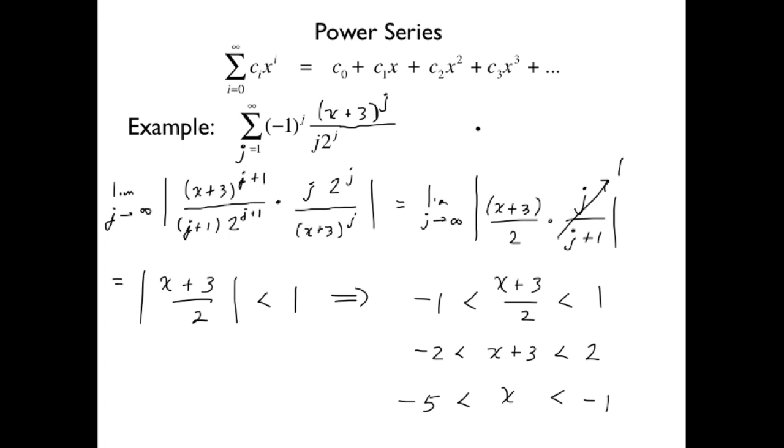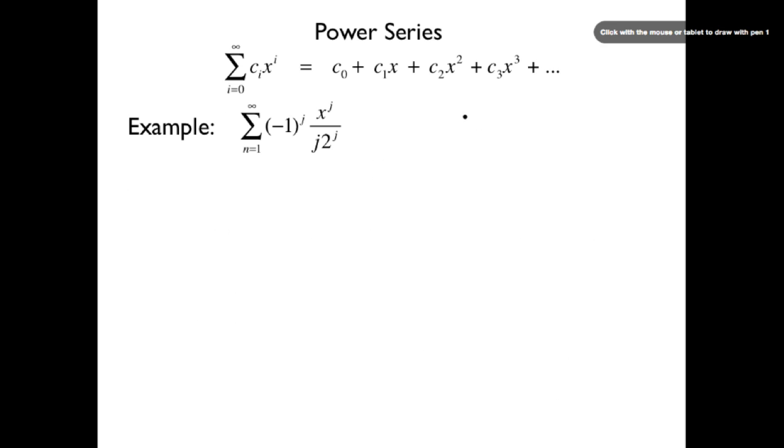Okay, so what do we have to do now? We have to check the endpoints, because negative 5 and negative 1 will actually make that thing equal to 1, and that's the inconclusive case. All right, so we'll erase this. So far we got negative 5 to negative 1, right? And so when x equals negative 5, then we'll have a series similar to the ones that you've done.